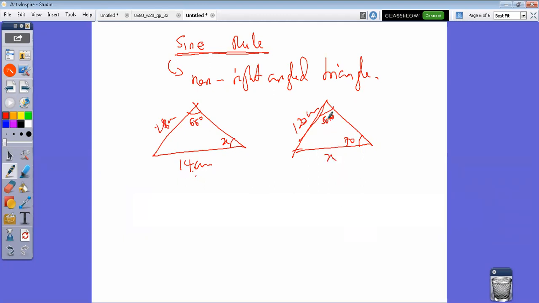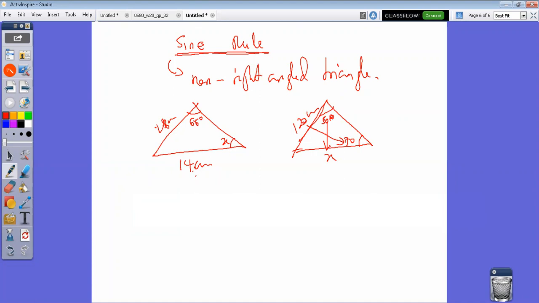Because this angle is opposite this side, and this side here is opposite this angle, I can use the sine rule. Does that make sense? You don't have to memorize the formula.